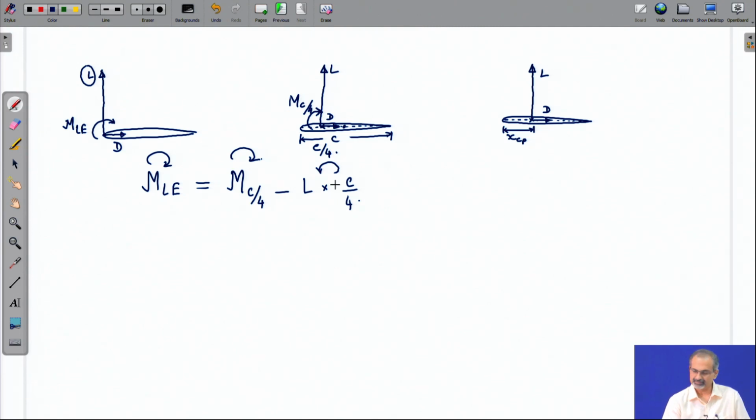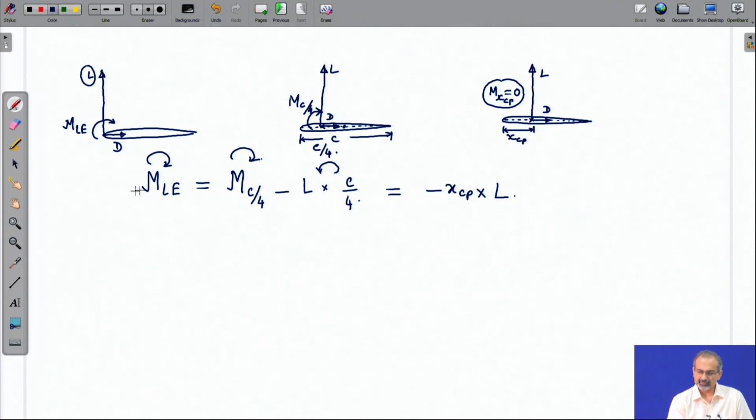So, it negates, and finally, this should be equal to minus x_cp into L, because now you have the moment corresponding to the force acting through x_cp is equal to 0.